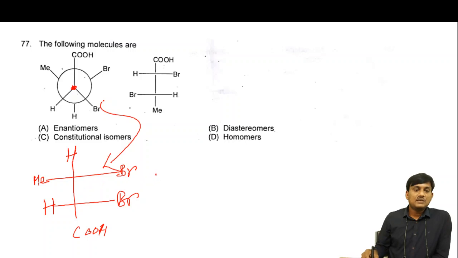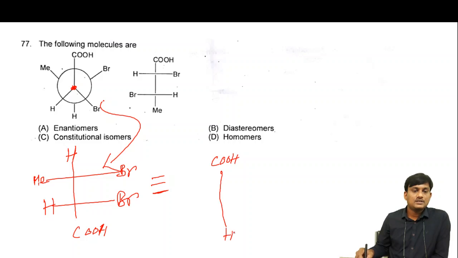This one is equivalent to, you can write it as, okay, when you rotate this one, you will get COOH up and hydrogen down, and here there is a change of position. HBr will become BrH when you rotate this molecule, right?